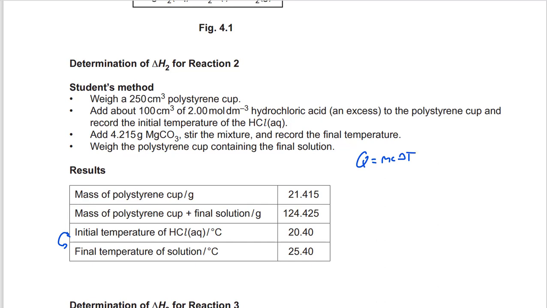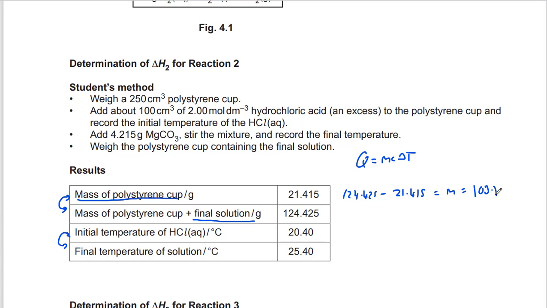Yes, we do, because we're given the mass of the polystyrene cup and the final solution and the mass of the polystyrene cup. So if we subtract the two values, 124.425 minus 21.415, we'll get the mass of the solution, which is what we want. And if we do that, we get 103.1.